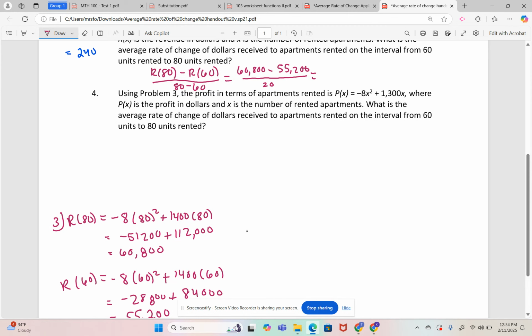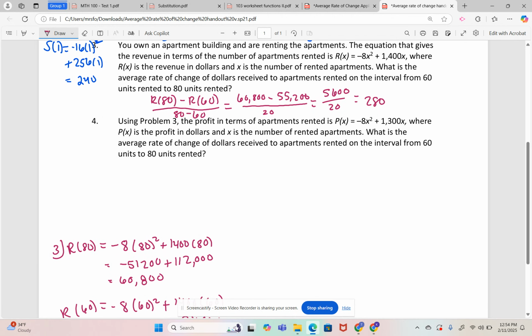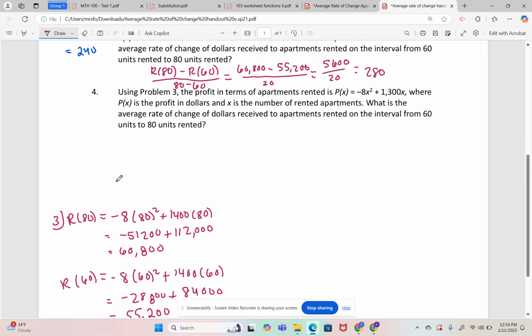Alright, so when I subtract the numerator, I got 5,600 divided by 20, and I get 280. So the average rate of change is $280 on the interval of 60 to 80.